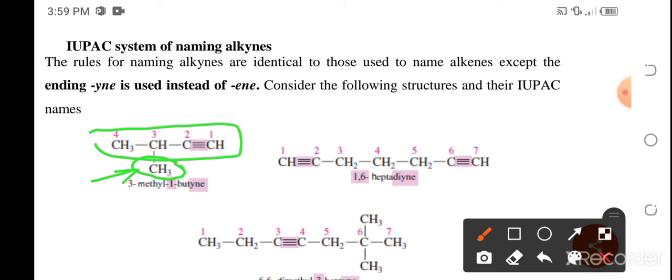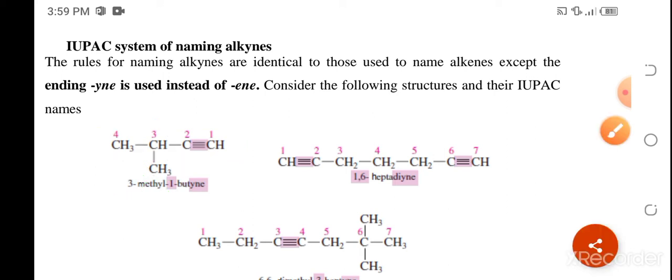That alkyl has only one carbon atom, so therefore that is methyl. It won't be methane because it is an alkyl group, just a substituent, so it should end with yl. Meth still denotes one carbon atom, and it is attached on the third carbon atom of the parent chain, so we have 3-methyl. All in all, this one would be 3-methyl-1-butyne.